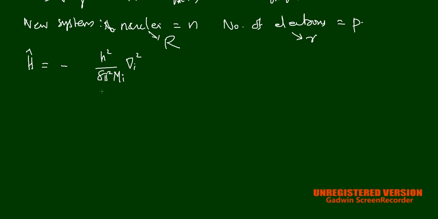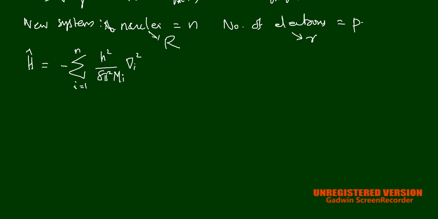But in total we have n nuclei, so we have to write n terms like this, with i equal to 1, 2, 3, and so on up to n. Only then can we write the kinetic energy operator for all the n nuclei present in our new system. So I just add the sigma symbol here, sigma i equal to 1 to n, then I can cover all the n nuclei. So this is minus sigma i equal to 1 to n, h square divided by 8 pi square Mi.